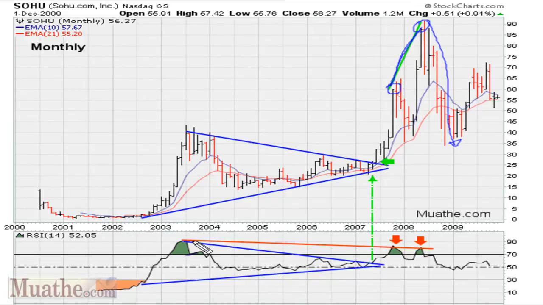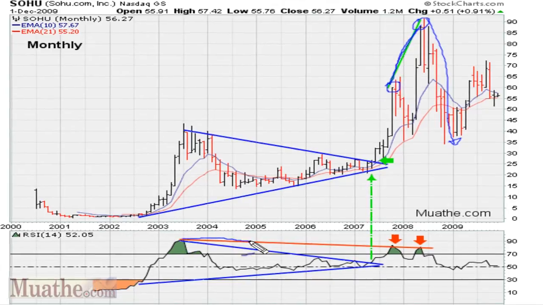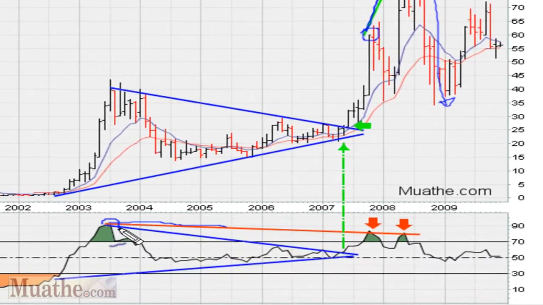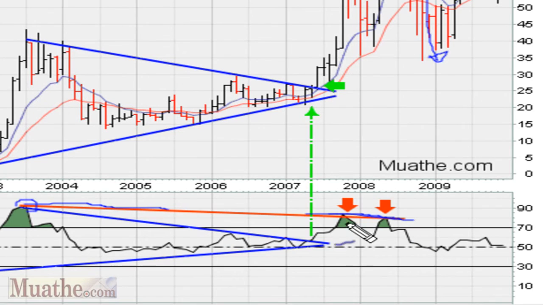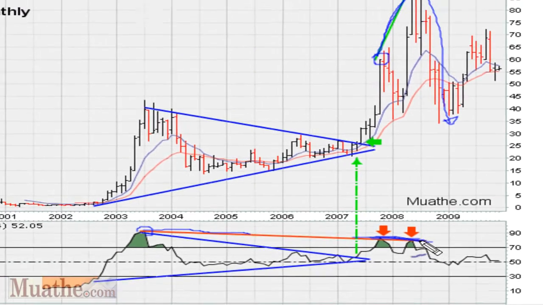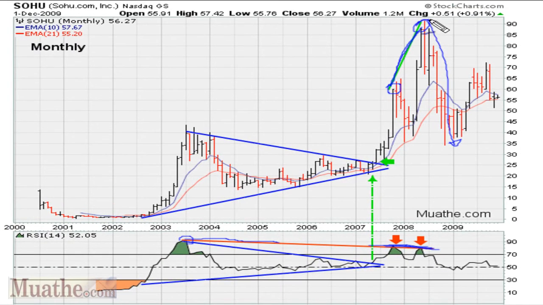But take a look at what the RSI was doing. The RSI, if you connect this high and these two highs here, you had a double top. And once we had that double top on the RSI, on the monthly, that was your cue to sell. So about here in the higher 80s, you would have been out of the stock before it dropped from 90 all the way to 35.